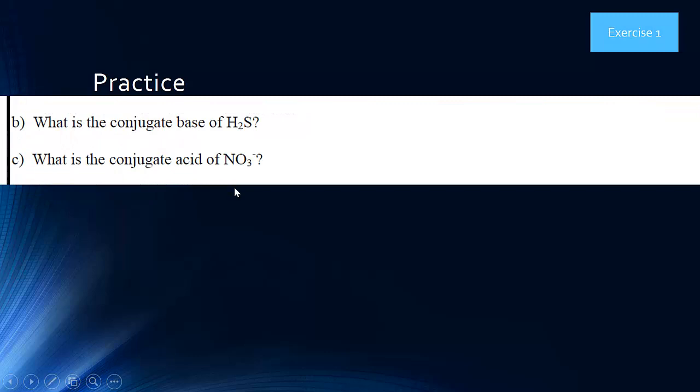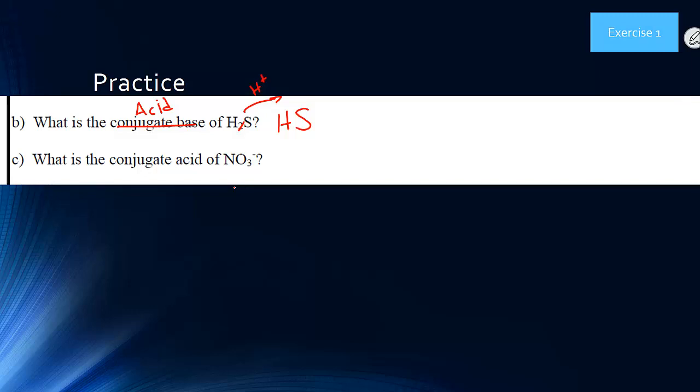What if we're not given an equation? Can you determine what something's conjugate acid or base is? So just think of it as the opposite. If something is a conjugate base, that means it was an acid in the forward reaction. So as an acid, what would something have to do? It would have to give up a hydrogen. So for the conjugate base of hydrosulfuric acid, we'll just lose one hydrogen.